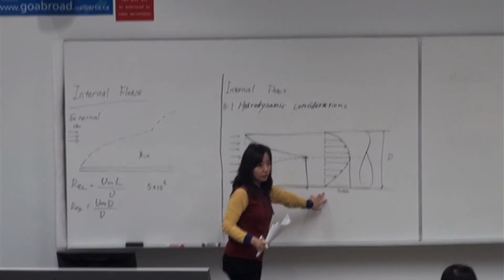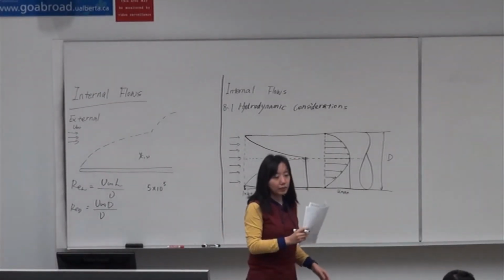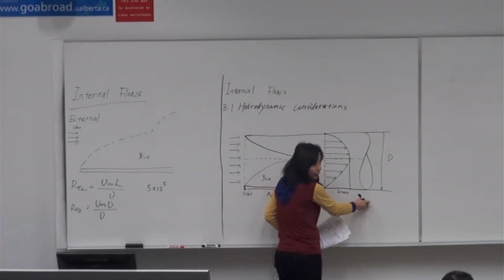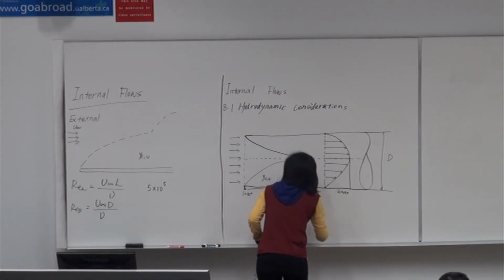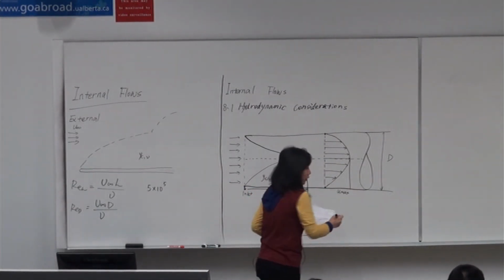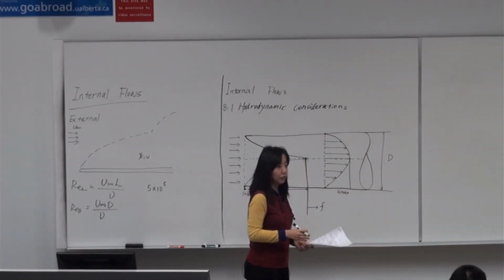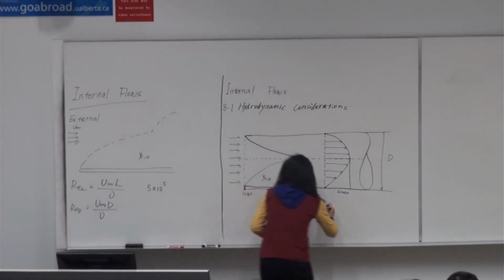After this point, the velocity profile remains unchanged as it moves along the length of the tube. We term this region the hydrodynamic fully developed region, because we only care about the velocity profile now.